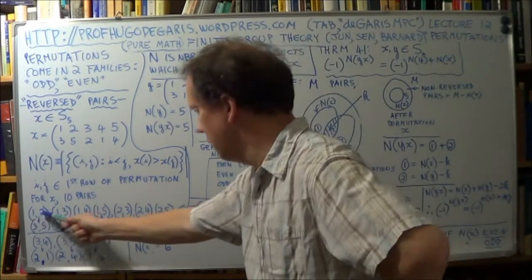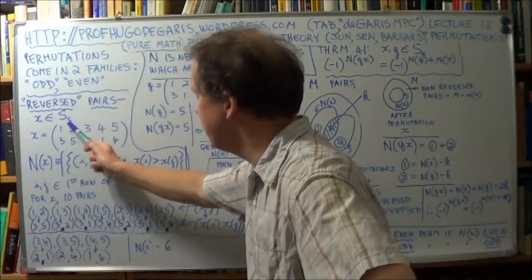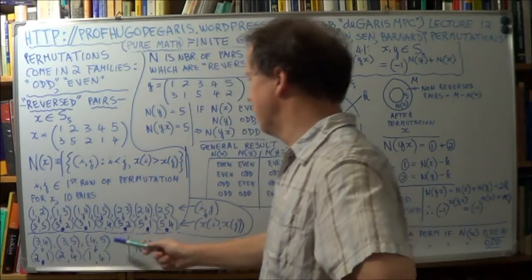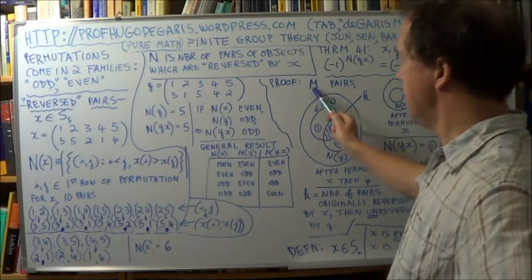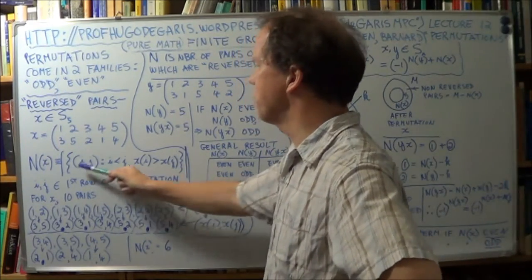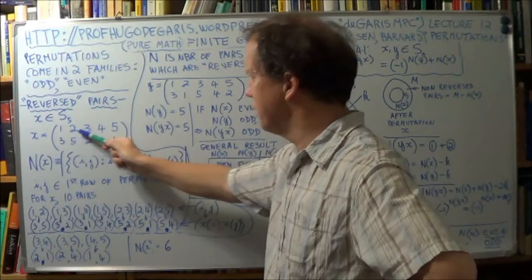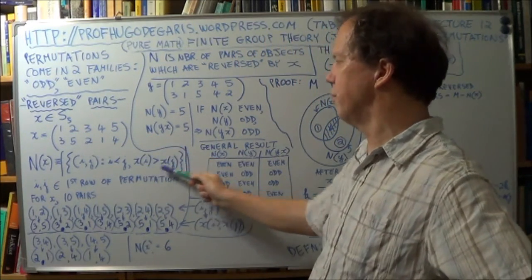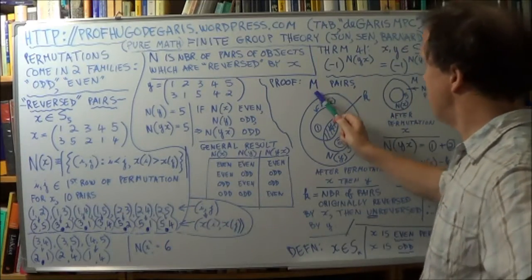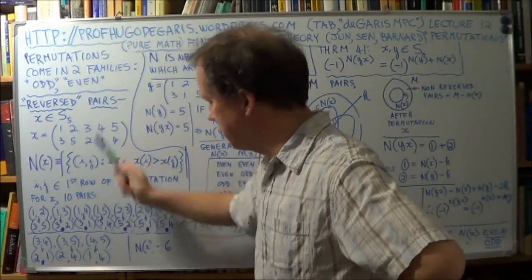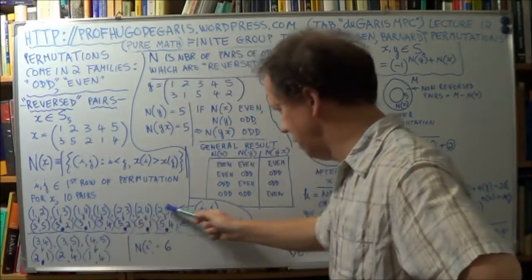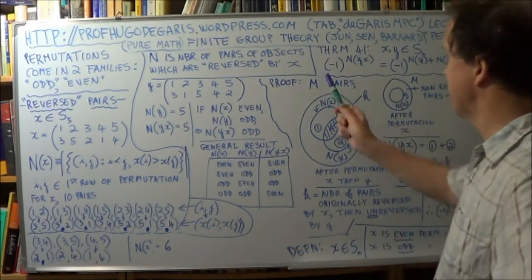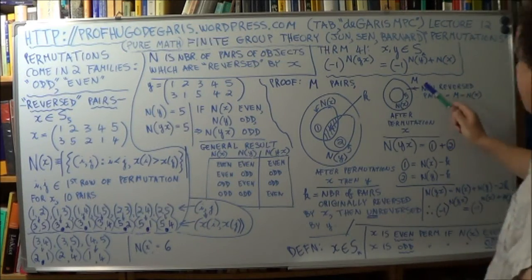So for 5 objects, you'll have 10 pairs, okay? This M is not reversed pairs, but just pairs in general, before you check whether they're reversed or not. So M for 5 objects would just be 10. It would be these 10, okay? So that's M.